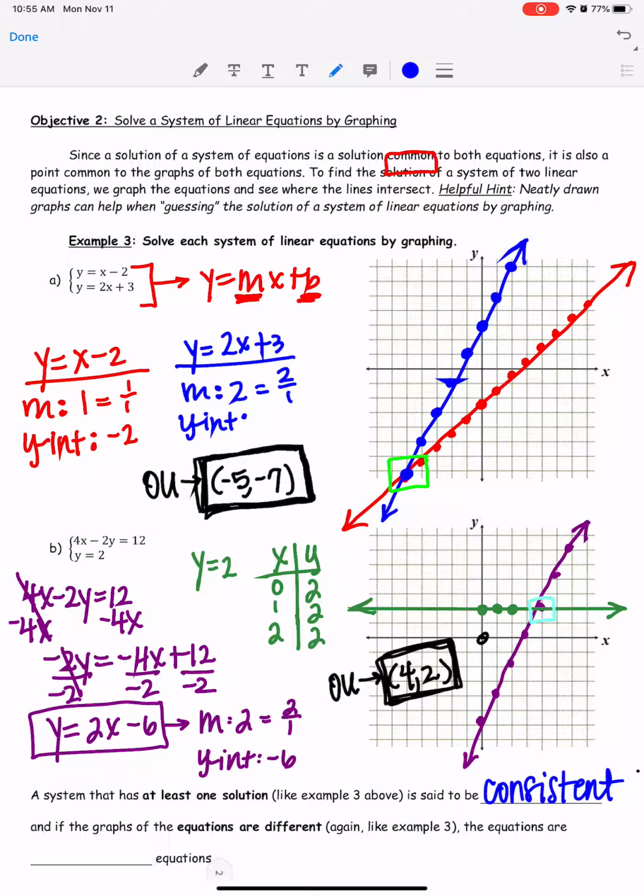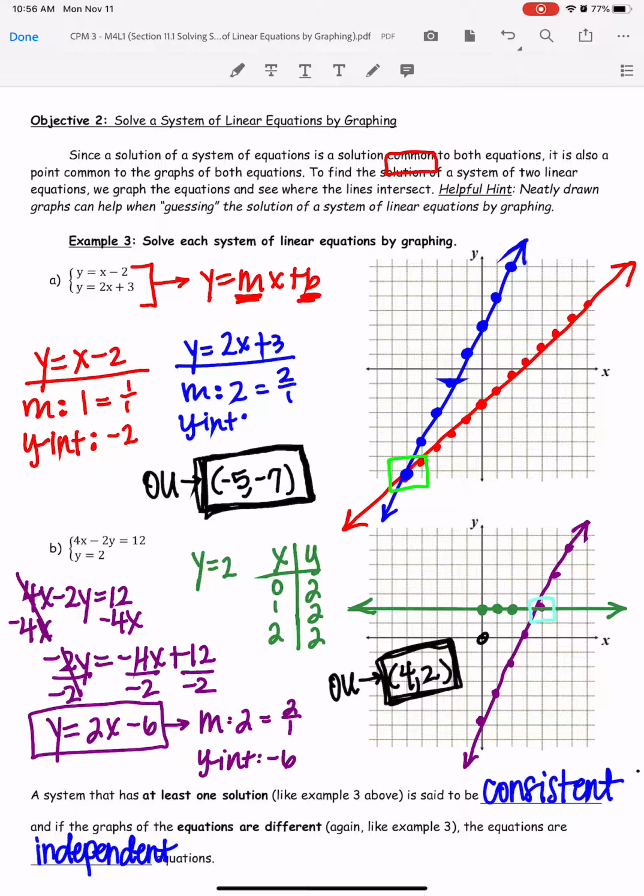Also, if the graphs of the equations are different, again like both of these in example 3, the equations are independent. If you don't have different lines, they're dependent, and if they don't have one solution, they're inconsistent.